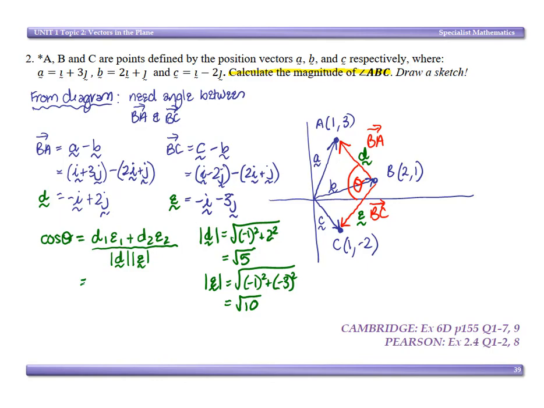Plug in our information. So we've got negative 1 times negative 1, just so you can see what I'm doing, and then we're going to go 2 times negative 3, all over the square root of 5 times the square root of 10.